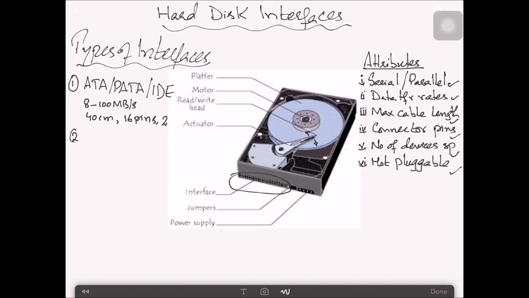The other interface which has come up is SATA, Serial Advanced Technology Attachment. After the arrival of SATA, this ATA is also known as PATA.